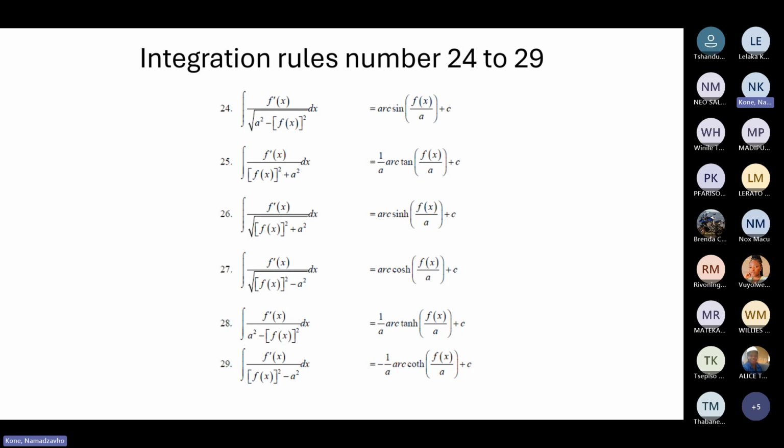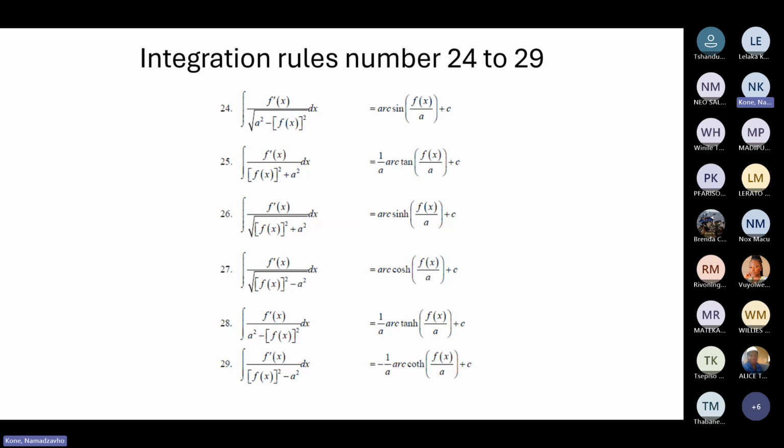Everything else looks exactly the same on the left hand side except that square root sign. But when we go to the right hand side, rule number 24 is arc sine. Rule number 28 is 1 over a arc tan. So that is where people can get confused.